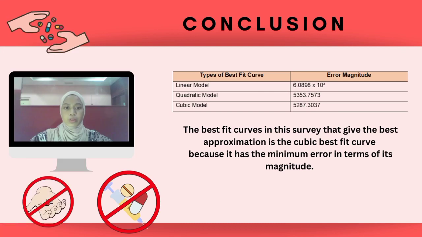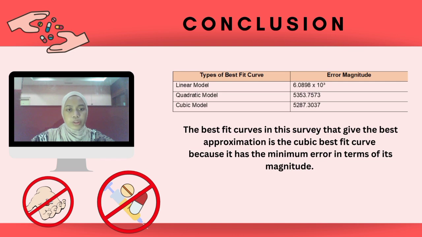In conclusion, based on the survey we collected from the Drug Information Book, there are many ways to choose the best method among the three models. The first is the linear model, and the error magnitude we got is 6089.8.